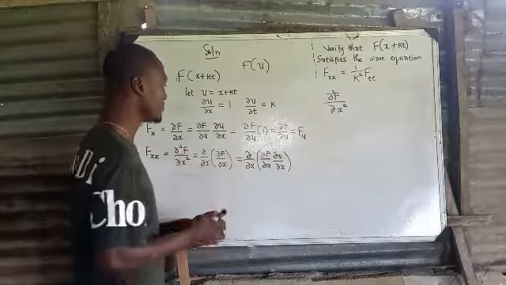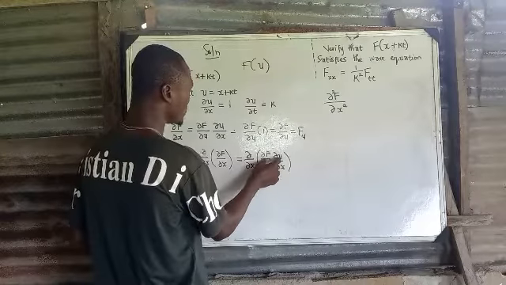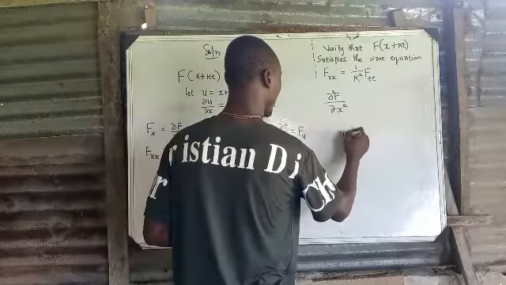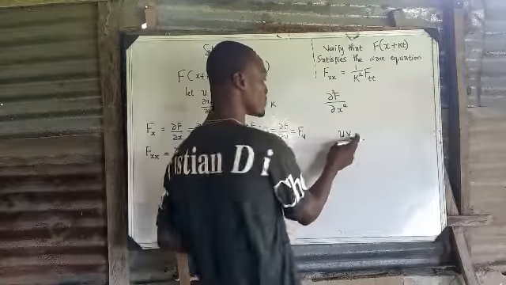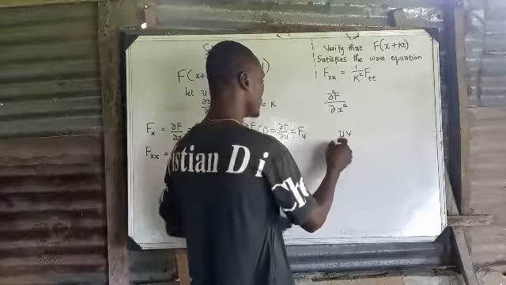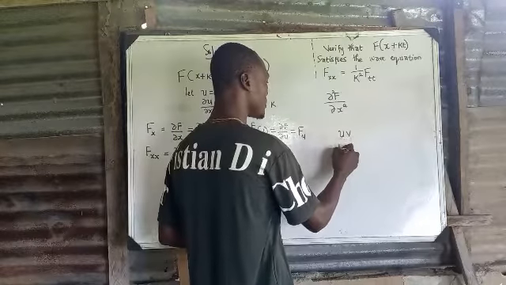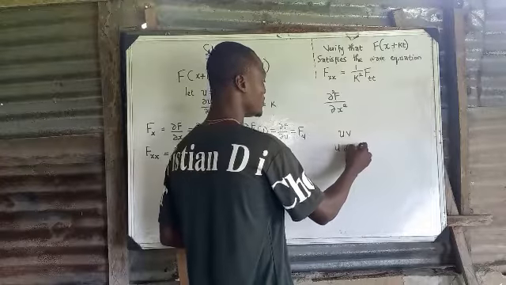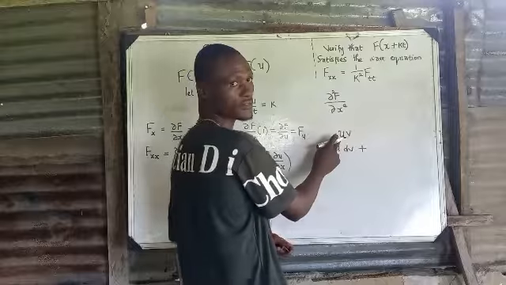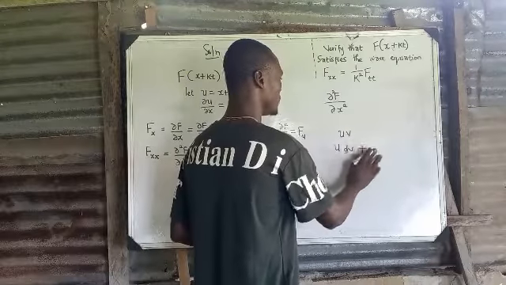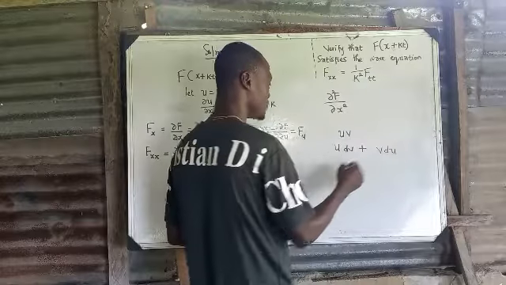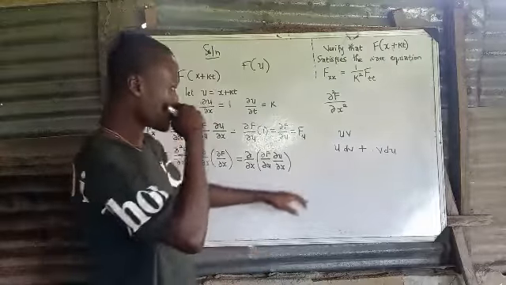Then if I do this, now we are differentiating this. These are two different functions. Just like when you have two functions, u and v, and you want to differentiate them, you use the product rule because the functions are multiplying each other. You keep the first one constant and you differentiate the second one, plus you keep the second one constant and you differentiate the first one. This is the product rule.